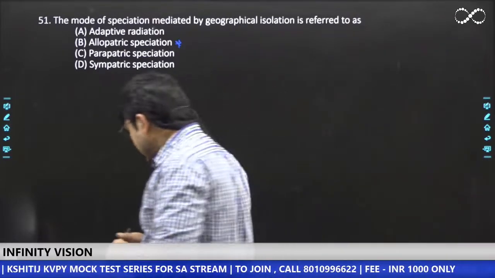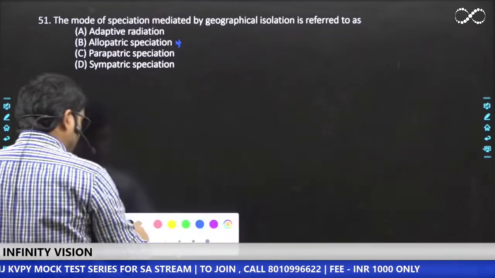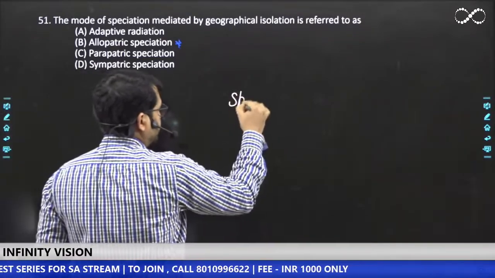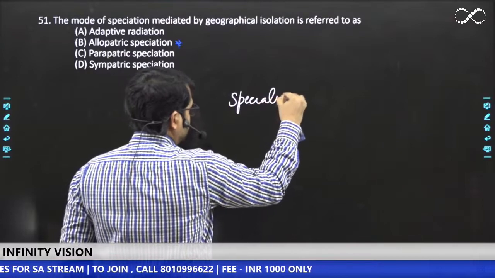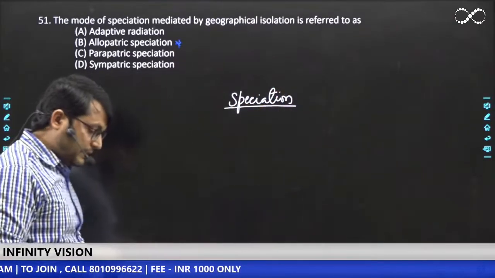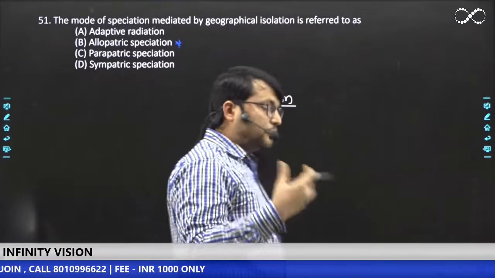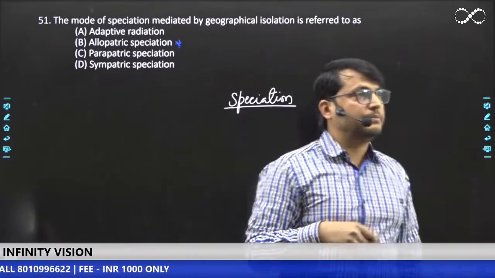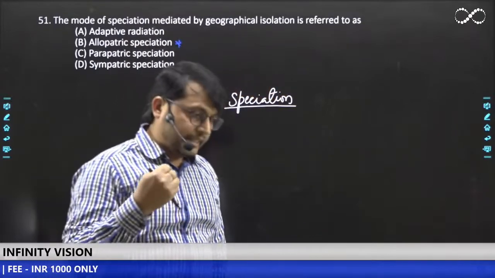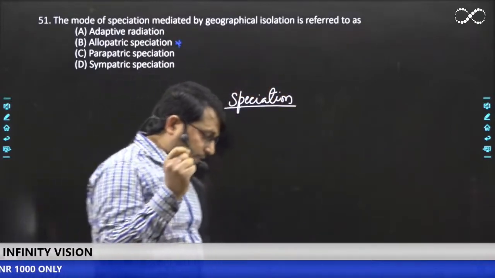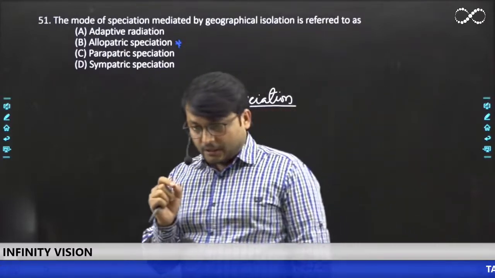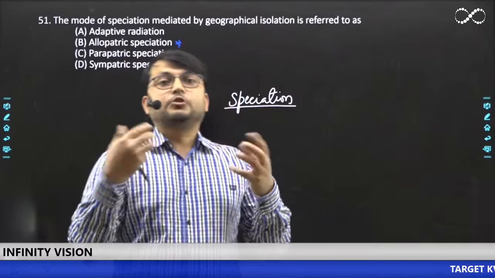Why? See, when we are talking of speciation, what is speciation? Speciation is creation of new species from the existing species, right? And it occurs mainly due to reproductive isolation.